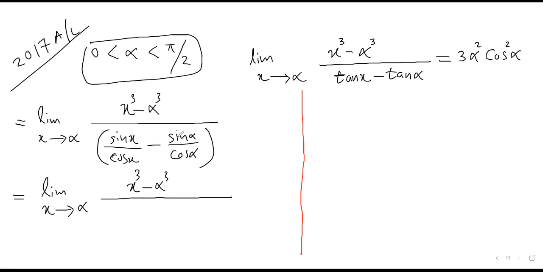Sin x cos alpha minus cos x sin alpha. What's that formula? Yes, that is sin of x minus alpha, over cos x cos alpha, the common denominator.